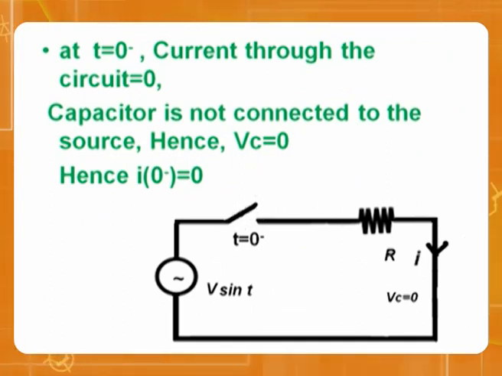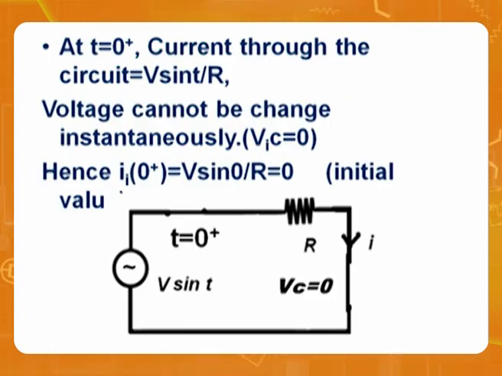Therefore, what is the total current in this circuit? 0. Now, let me tell you what's happening for t0 plus. The switch is closed, and the capacitor is there as it is. Now, what is the current? Actually speaking, the circuit is closed, so you will be tempted to say there is a current. It is true there could be a current, but sin 0 is 0, and 0 by R is 0.